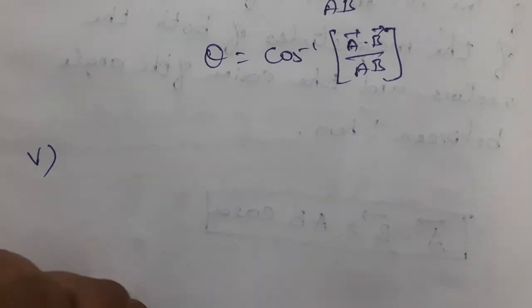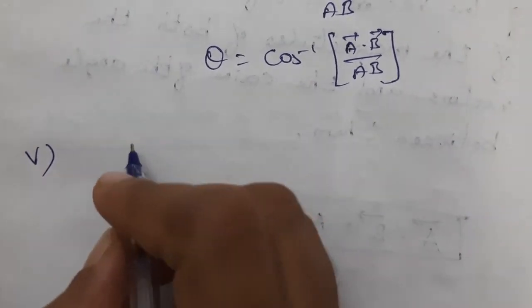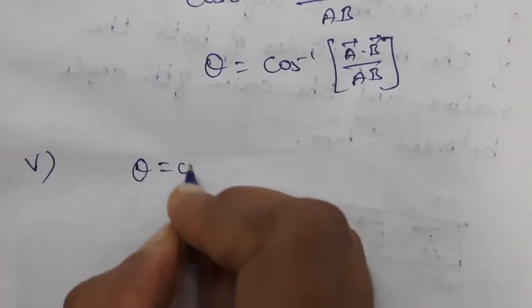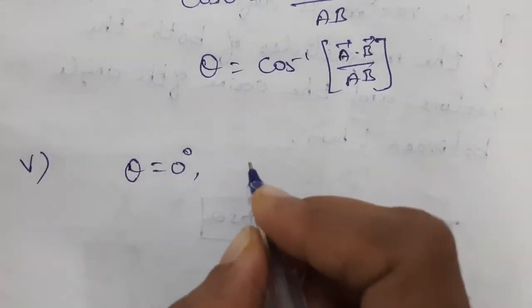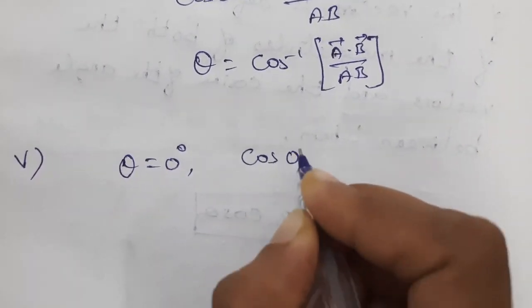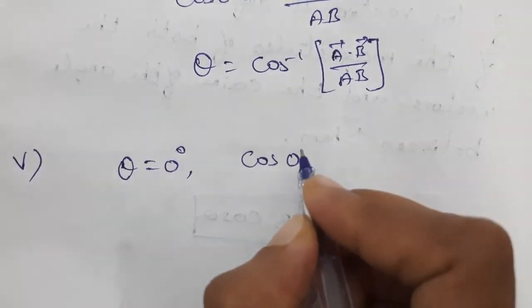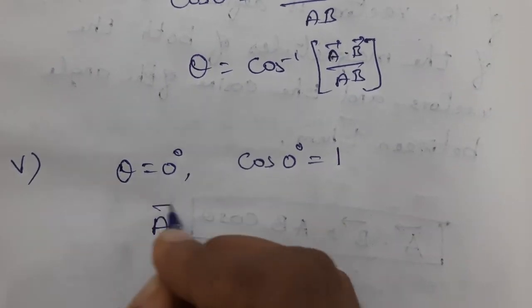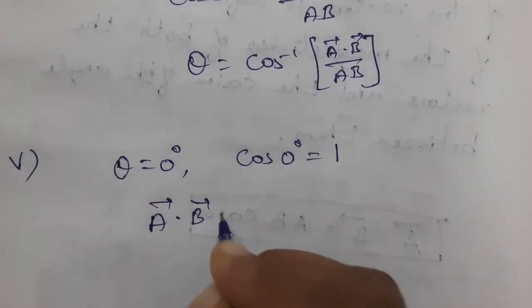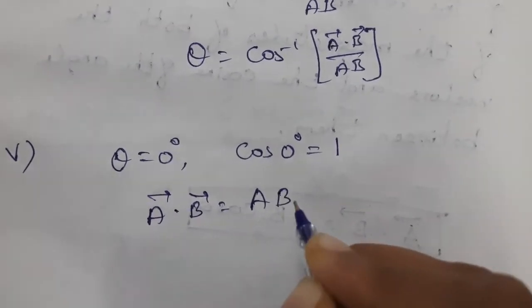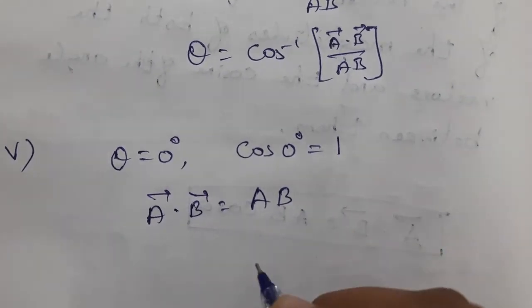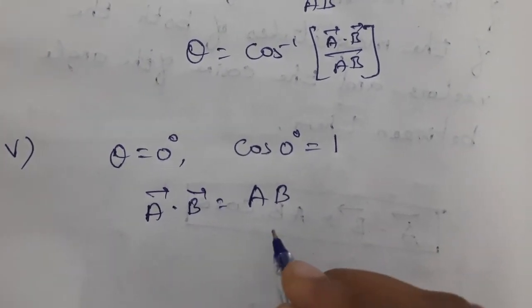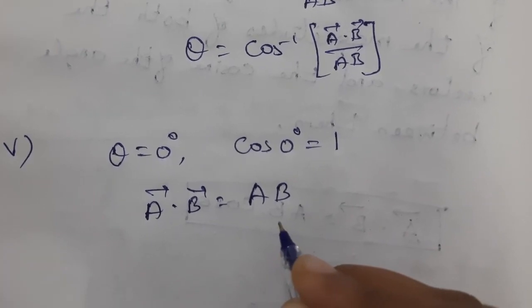Let's see the next point. Suppose theta equal to 0 degree. Then cos 0 is 1. So the product becomes A dot B equal to AB cos 0, which is AB. So this is the maximum value.